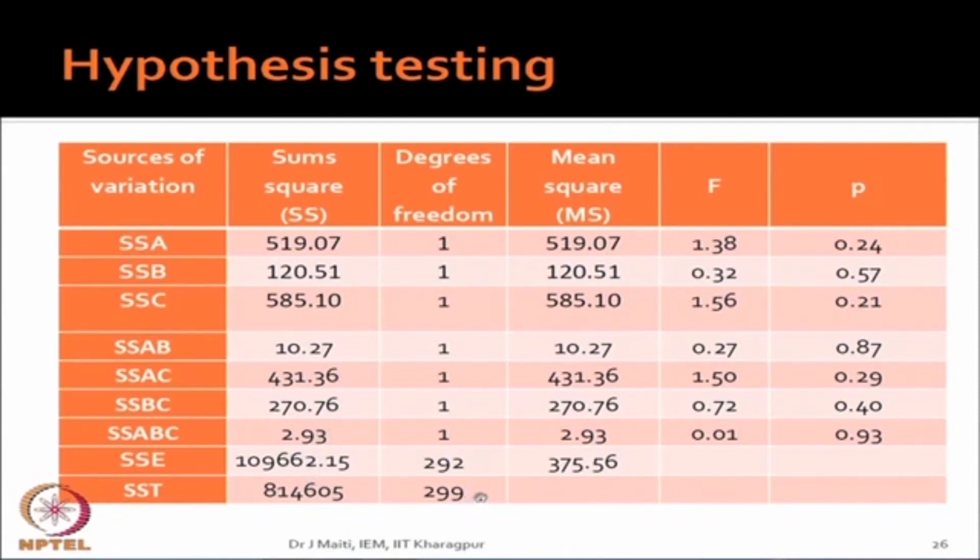And as I told you, there are 300 workers, so 300 minus 1 is the total degrees of freedom, and we get 1 degree of freedom for all the other sources. The error term has 292 degrees of freedom, and in the usual manner you compute MS and F. Interestingly, you find that none of the factors are significant.